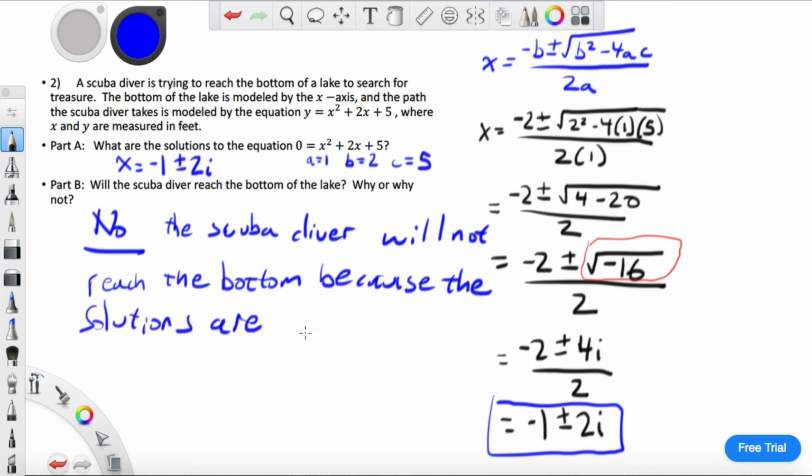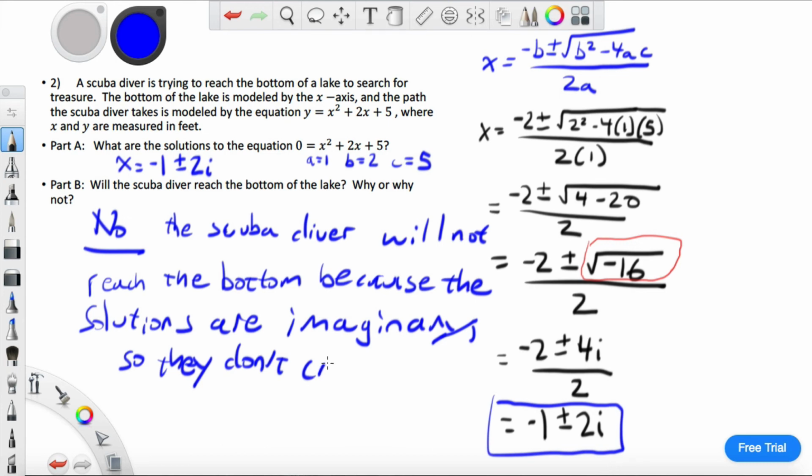And what do we know about imaginary solutions? They don't cross the x-axis. They don't even touch the x-axis. Okay? So that means that he or she will not reach the bottom.